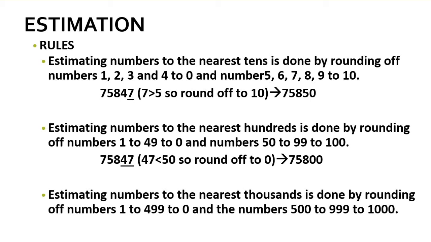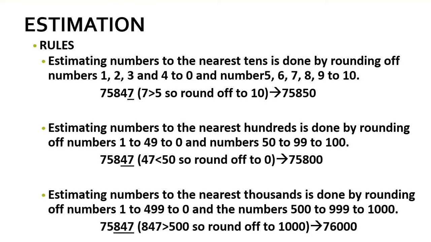We have to see three digits from the right end, and we have to check whether the number is above 500 or below 500. In this case, 847, it is above 500, so we are making it 1000, and the answer is 76,000. The same technique you have to apply in all the higher round off procedures also.